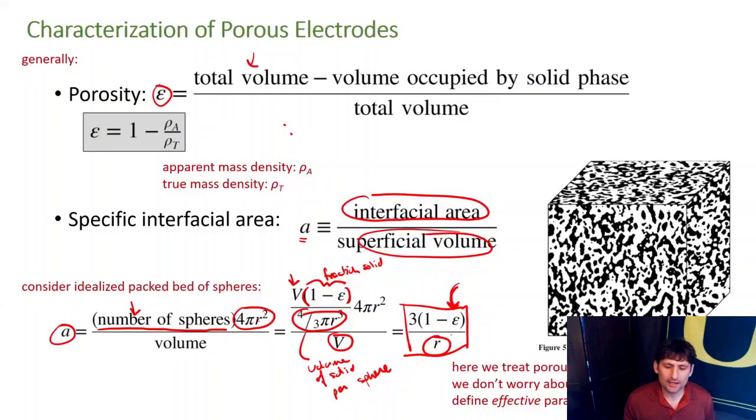So if you know the porosity and you know the radius, you can get the specific interfacial area. If you know the porosity, for example, via a mass measurement, and you know the specific interfacial area, for example, via capacitance measurement, you can actually estimate the primary particle size in a porous electrode.